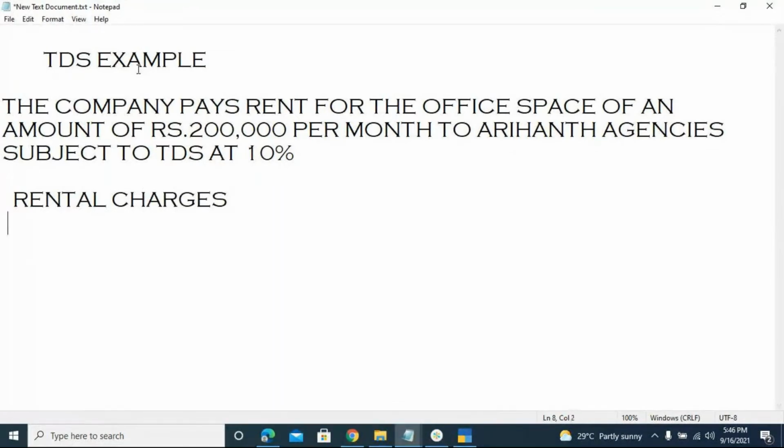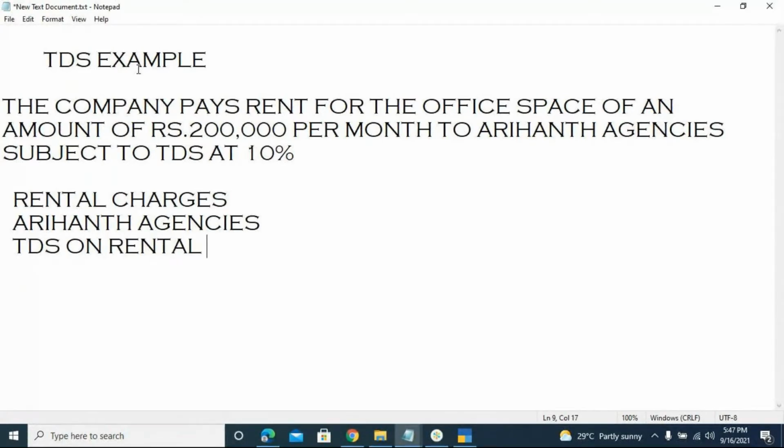The second ledger we have to create is the party ledger to whom the rent has to be paid, that is Arihant agencies. Third is TDS on rental charges. Got it?